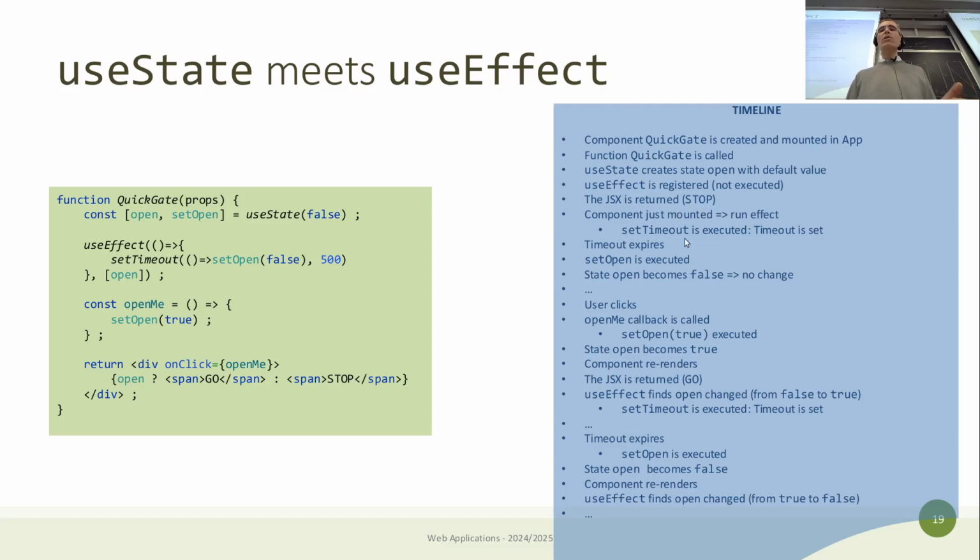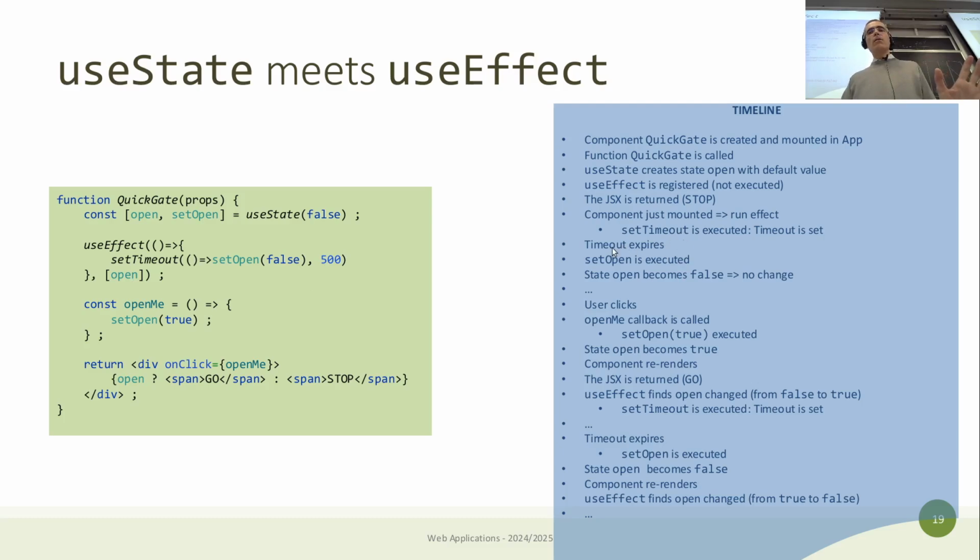The component is just mounted, so you run the useEffect. Actually, the callback of the useEffect is run, because that's the definition of how it works. So setTimeout, setOpen false after 500 milliseconds, regardless of the value of open.